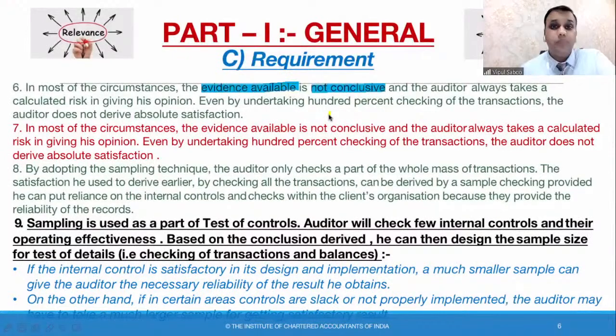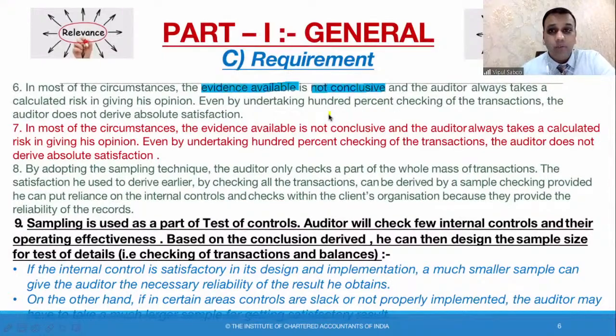What evidence is conclusive? You might have read about it in your corporate law as well. Conclusive evidence.